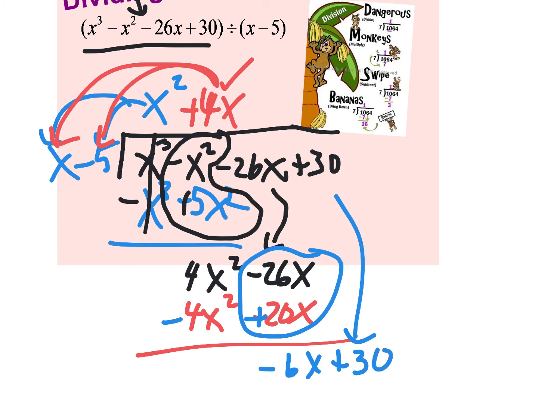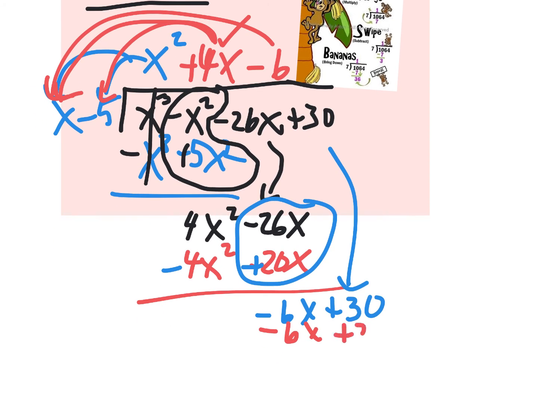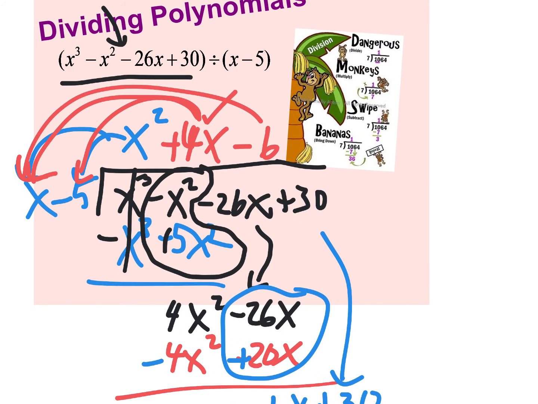Last term. Parker, you got it? Yeah, it's negative 6. Negative 6 times the x, negative 6x. Negative 6 times the negative 5, positive 30. Draw a line. Opposite. And this becomes positive. This becomes negative. It all cancels. Sweet.